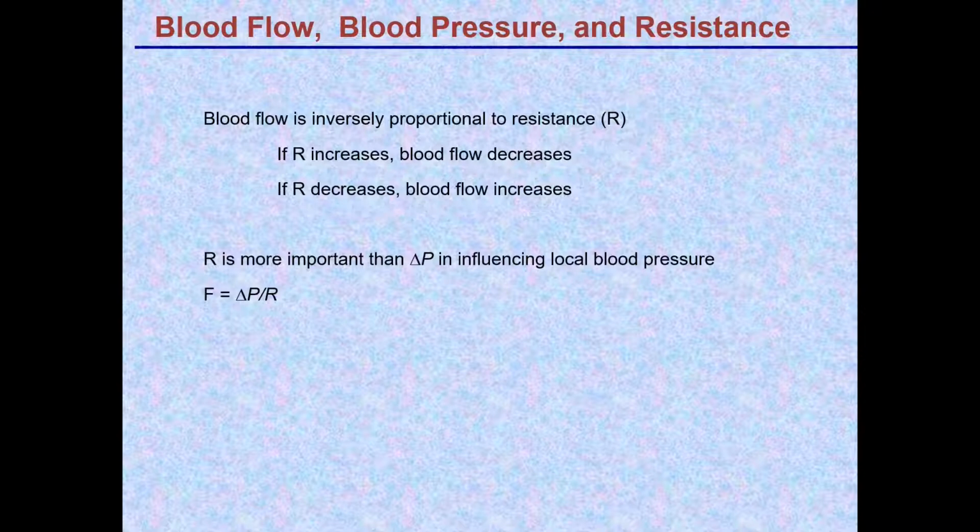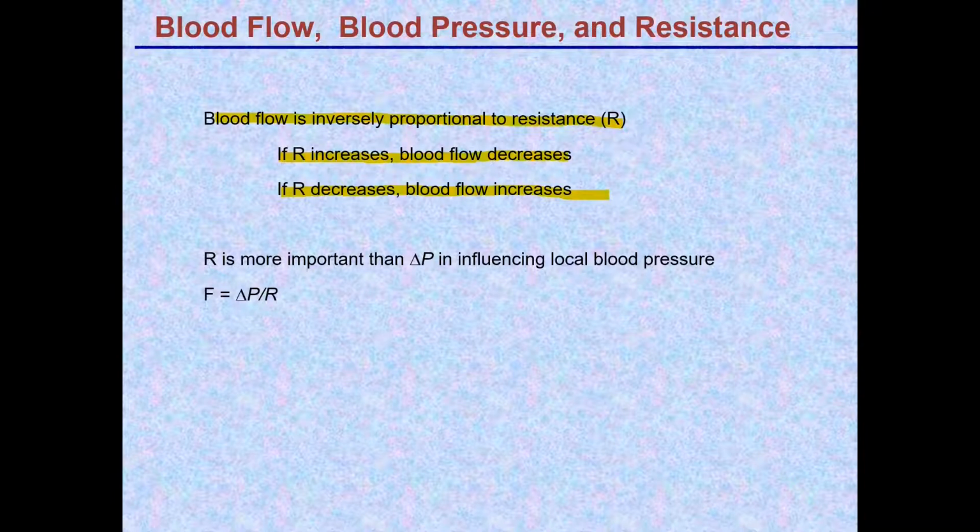So the key relationships are that blood flow is inversely proportional to resistance. The higher the resistance, the lower the flow. So higher resistance, lower flow, and if resistance is decreased, then flow increases. And delta P is directly proportional, but the resistance is the key, more important factor.